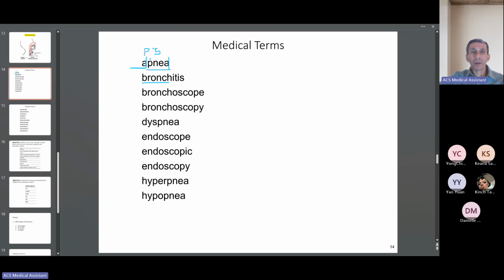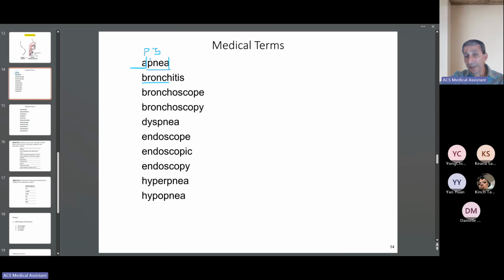Remember that there are people who have problems breathing. Not that they just have difficulty breathing, but they stop breathing for seconds. So they kind of struggle for air for some seconds. This happens most of the time at night when the patient is sleeping and they are awakened because they cannot breathe.